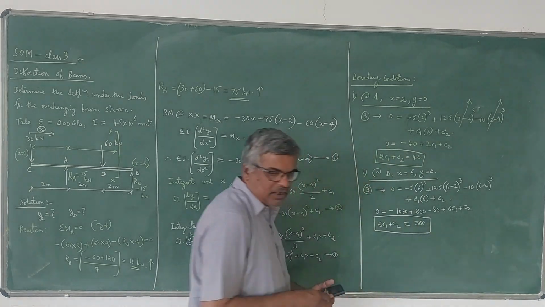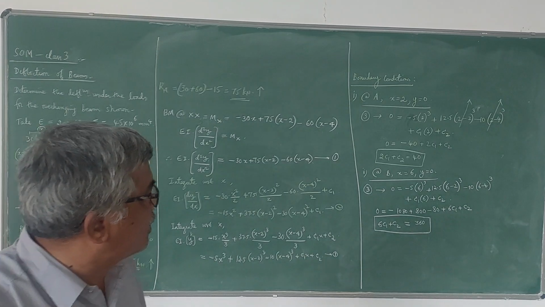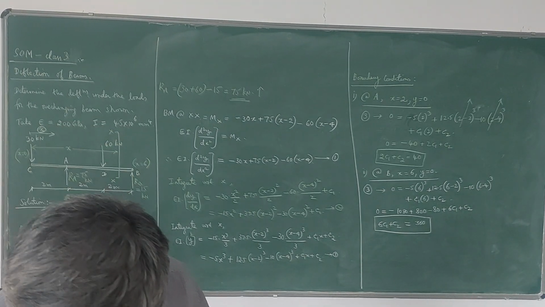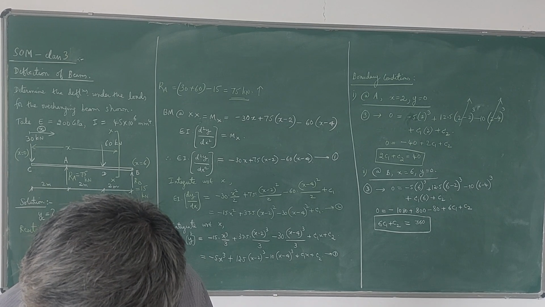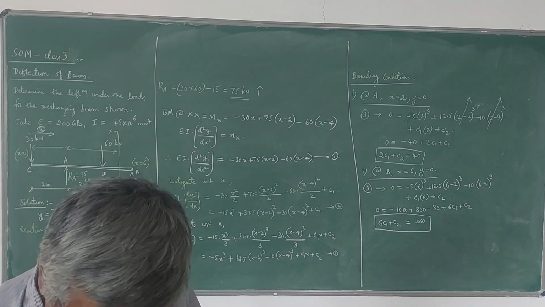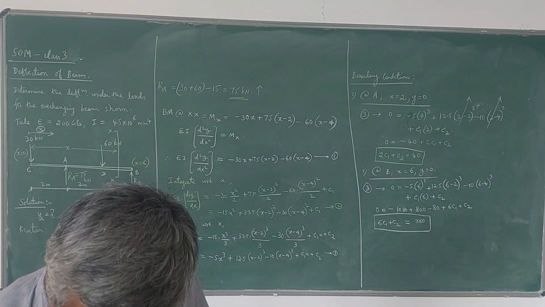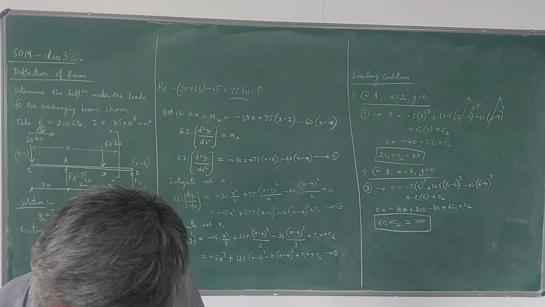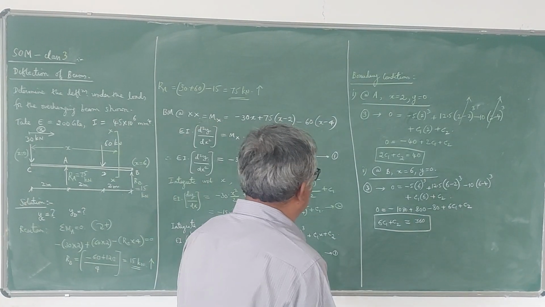So we have got two equations now. The first equation is 2c1 plus c2 is equal to 40. Second equation is 6c1 plus c2 is equal to 360. Now if you solve these two, you can get the values of c1 and c2. Let us solve this.